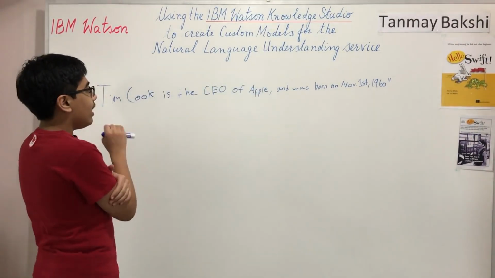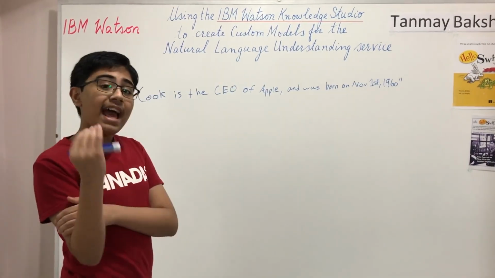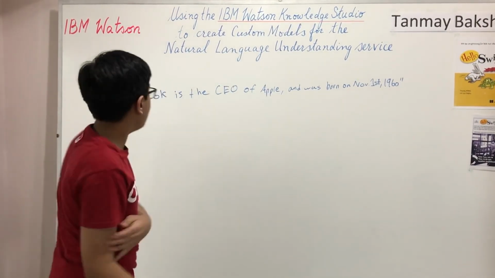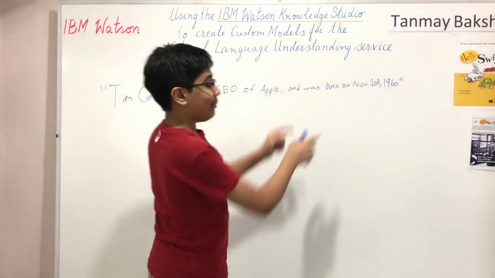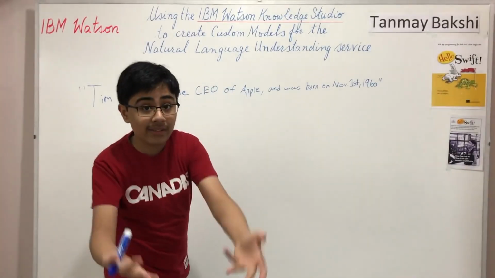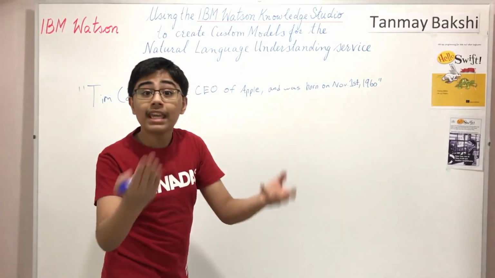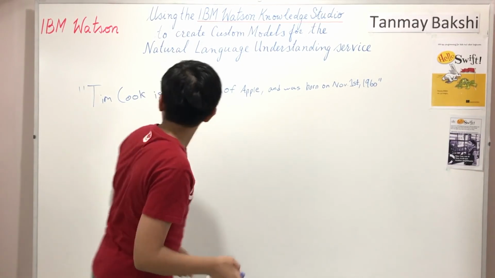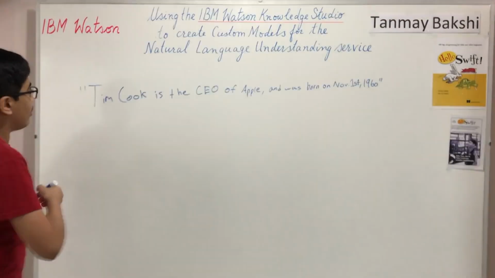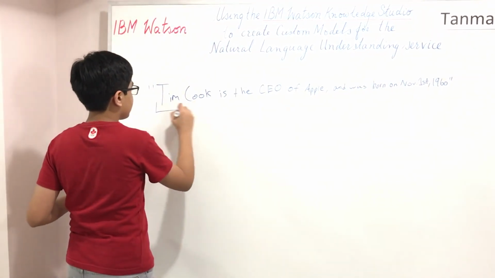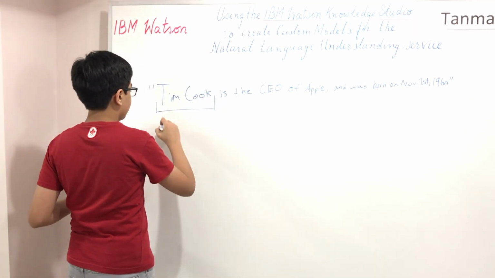Now, we've got a lot of information here, and what the Natural Language Understanding service will do is it will actually label this information so that we can actually make use of it and use it in our applications in order to make decisions. So what it's going to do is it's actually going to label Tim Cook in the text as person.